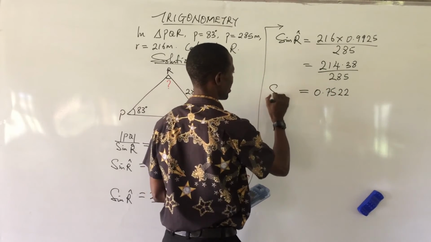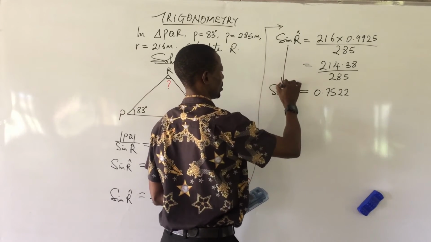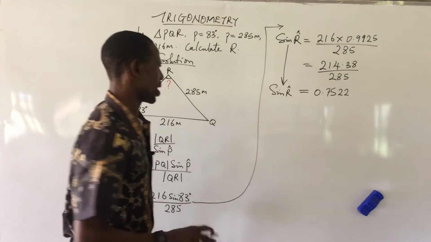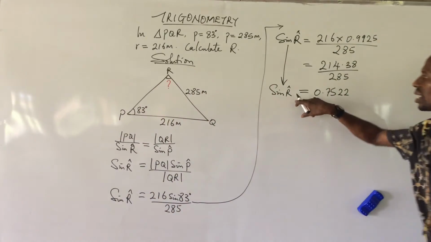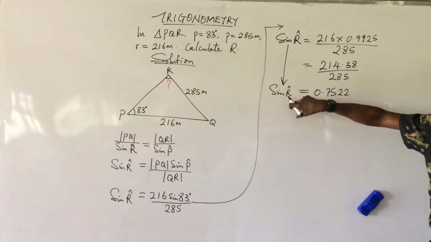Mind you, we have our sine capital letter R down here. So if we bring it down, we now have this. Now we are not looking for sine angle R. We are looking for angle R.